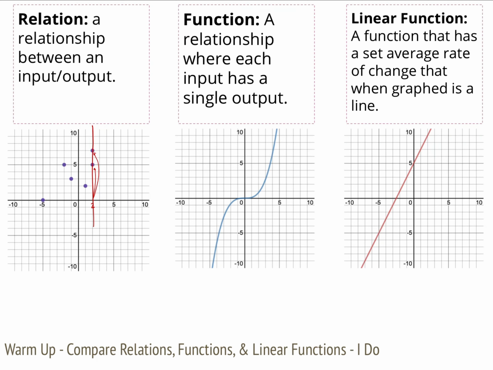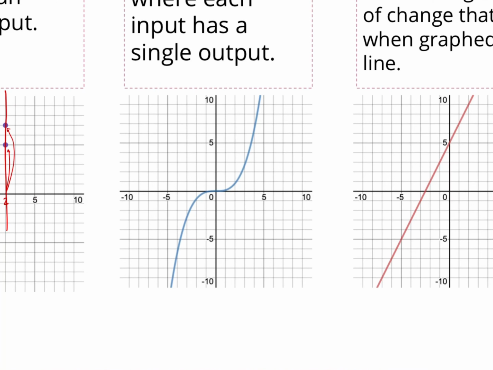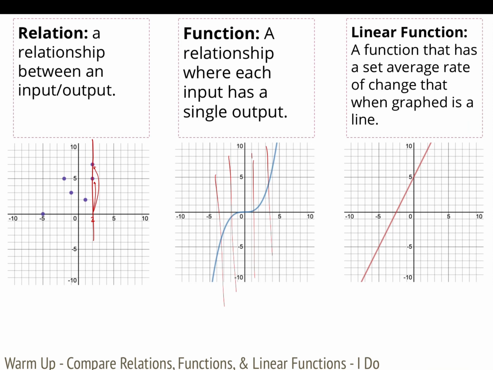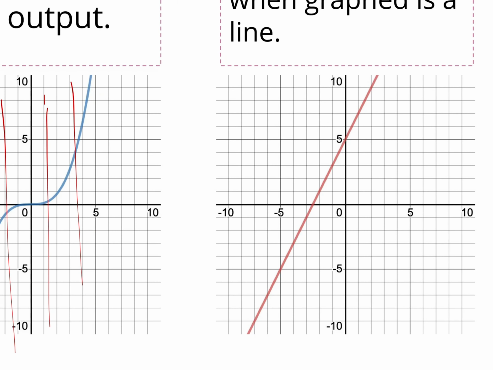Now a function is a relationship where each input has a single output, and so you can see that there. If I draw vertical lines all the way through this, it only crosses a single time. And then we have a linear function, a function that has a set average rate of change that when graphed is a line. Now, when we look at this graph, the most specific thing that makes this a linear function is its pattern.